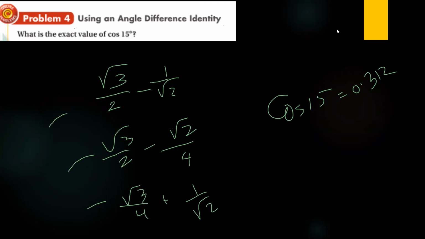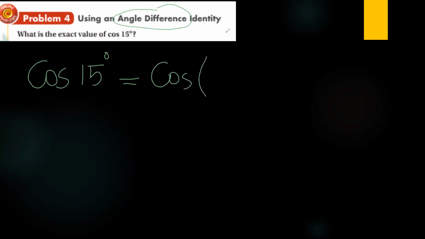Let's start here with cosine of 15. How do you find cosine of 15? By an angle difference. The first step is to think: give me two main angles that if you subtract them, you get 15. How can I know?